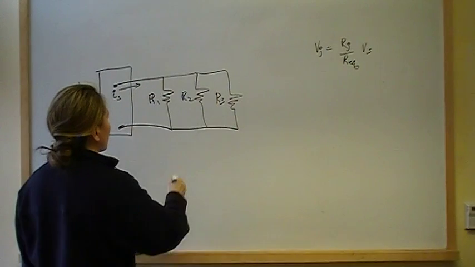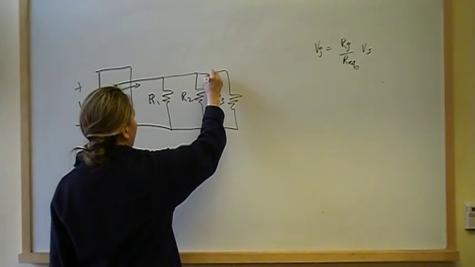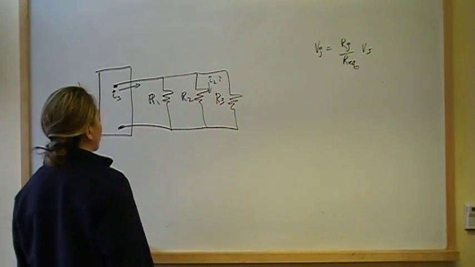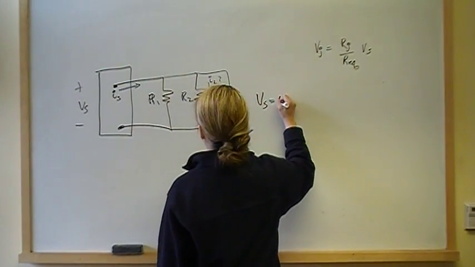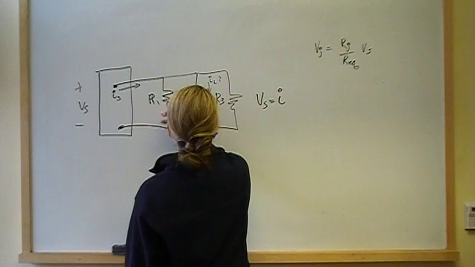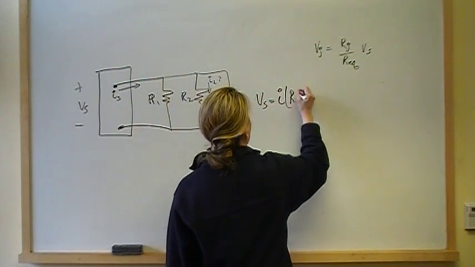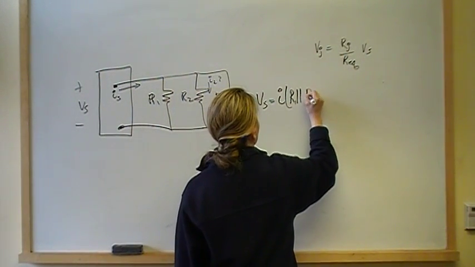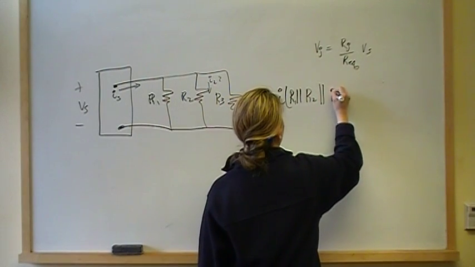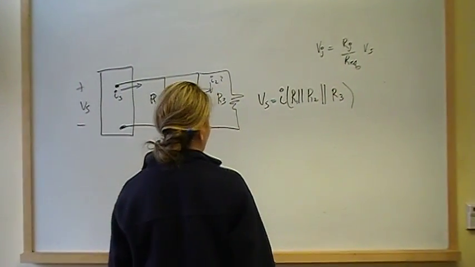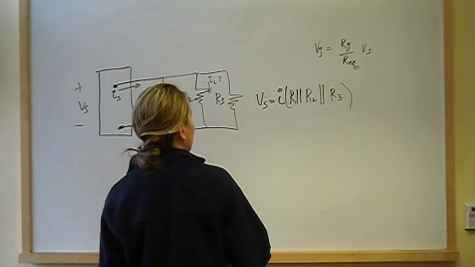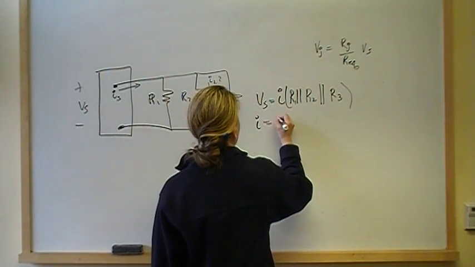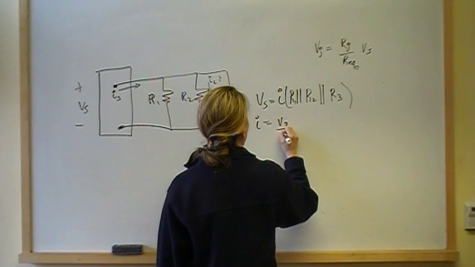So what if we want to find the current through here, like I2? How do we find that? Well, we know V source is going to be I total times R1 in parallel with R2 in parallel with R3. Okay, so now we know what I is. So we know I is V source divided by REQ.